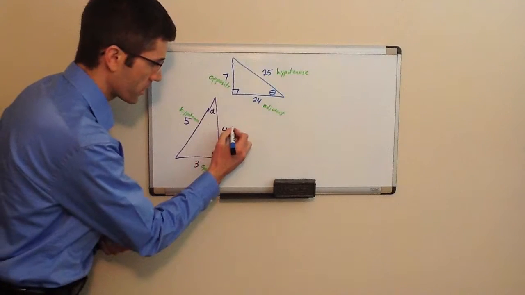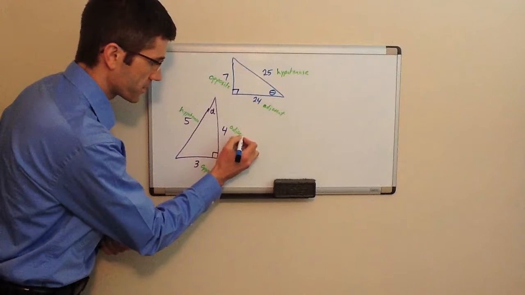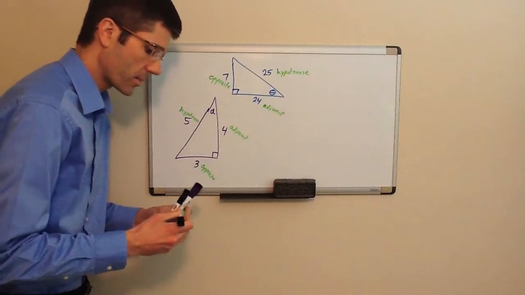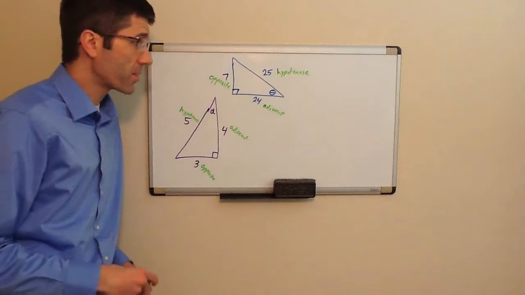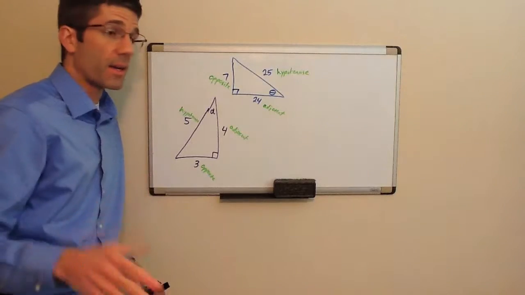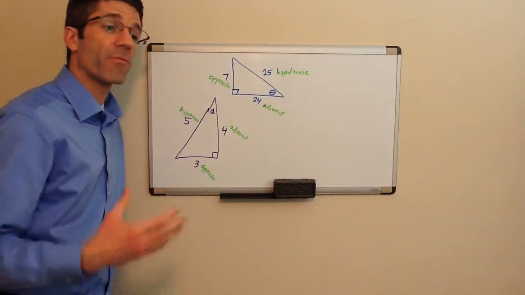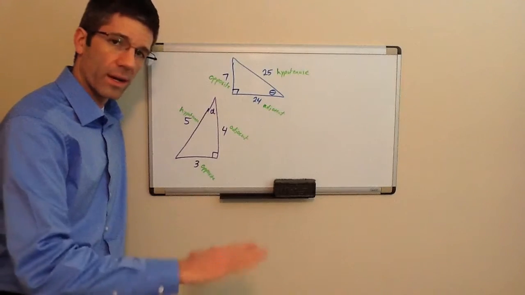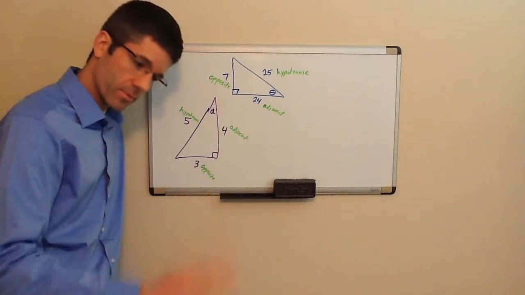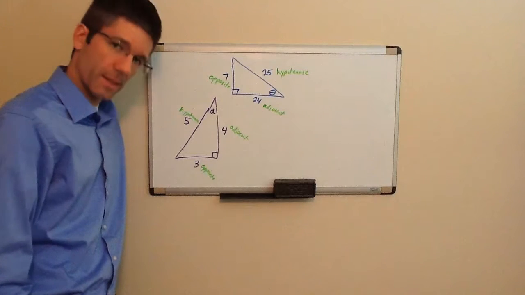And I'm going to call this one adjacent. And there we go. We've gotten a little bit of review on opposite, adjacent, and hypotenuse and gained a deeper understanding of triangles. Again, not using the Pythagorean theorem because I'm not finding the measurement of a side while ignoring the angles. This is going to make a little more sense as we get deeper into it.